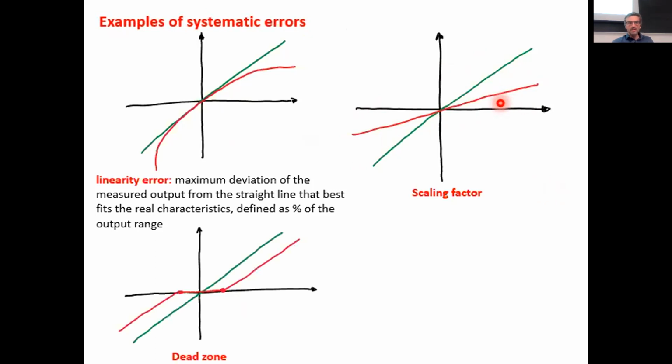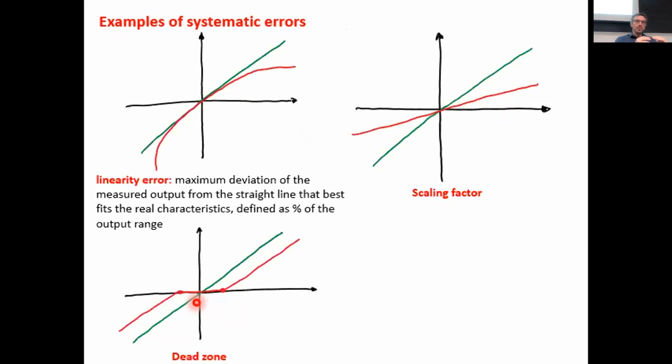And the dead zone is something very tricky. You can have this in hydraulic valves. Let's say you have a valve that has a spool inside that opens the channel to the chamber of the cylinder. We will see this in the hydraulics. This valve has some overlap, so in the middle position, there is no flow.